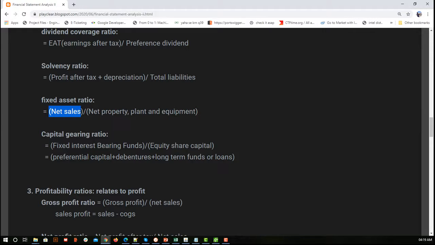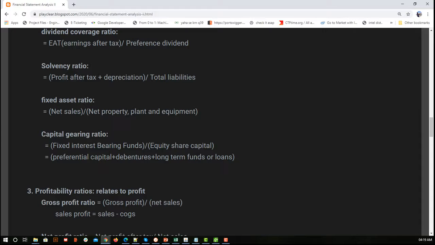You can say that in some cases, suppose I write net property, plant and equipment divided by net sales instead of in this manner, what happens? Here, if net sales is in the numerator, we say that the ratio should be more, since my asset will be in the denominator and sales is more. If the ratio is more, I can say with the small asset I am able to generate more sales.